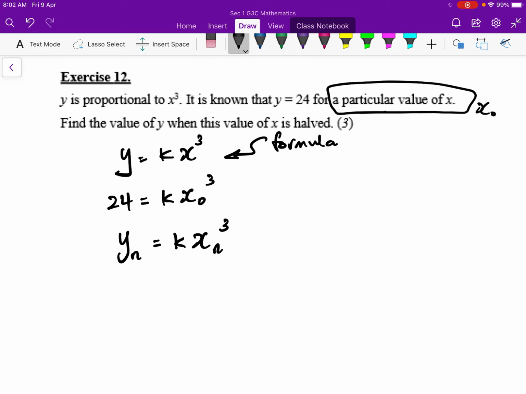Then now I need to think about what is the relationship between the new x and the old x. So information was provided over here. This value of x is halved. This value referring to x0. And they're going to halve this value. In other words, this statement tells us that x new equals half of x0.